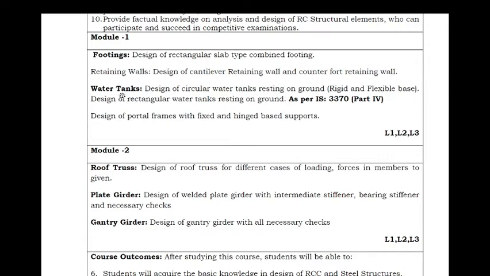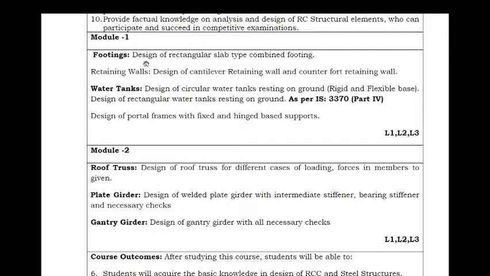Then you have design of water tanks, the design of circular water tanks resting on ground, in that two components, rigid and flexible base, and the design of rectangular water tanks resting on ground as per IS 3370 part 4, and the design of portal frames with fixed and hinged base supports. So in module 1, that is half of the syllabus, design of RC, you are going to learn footings, retaining walls, water tanks and the portal frame.